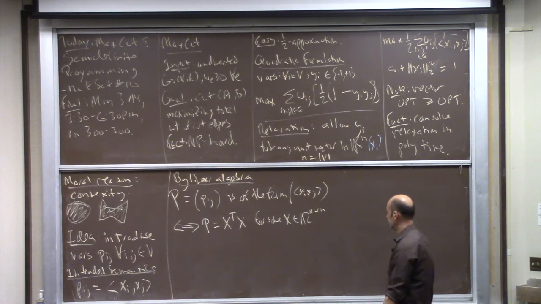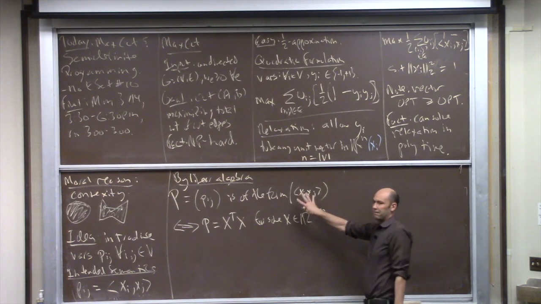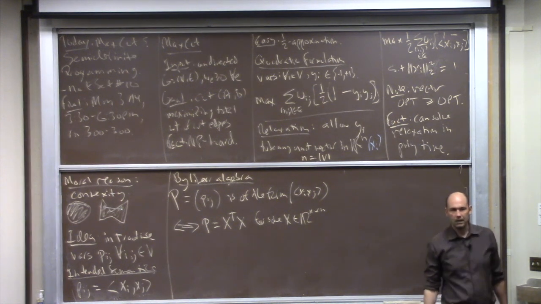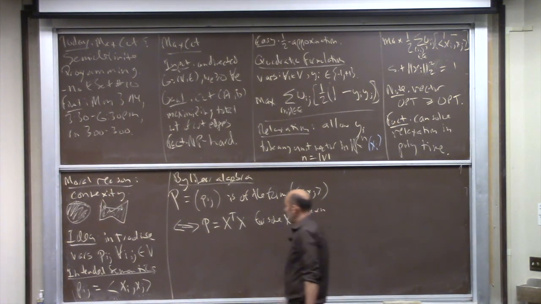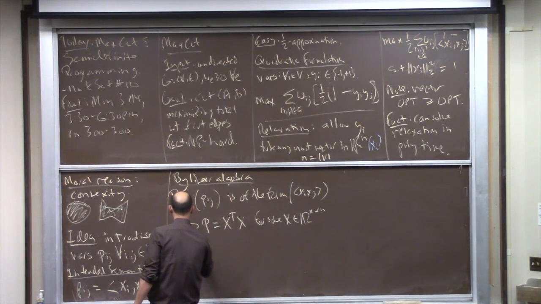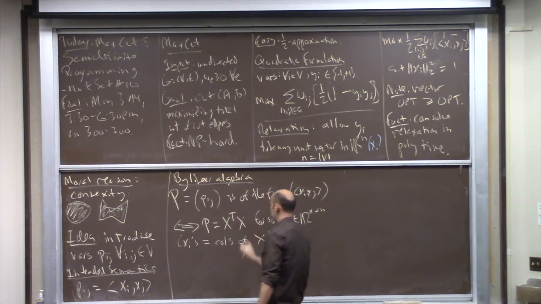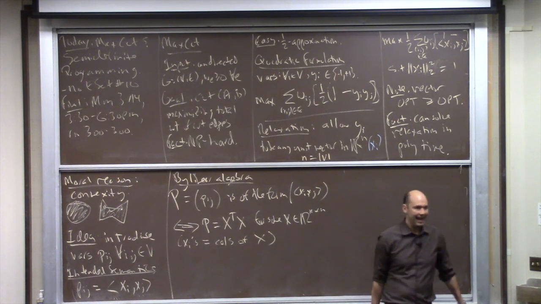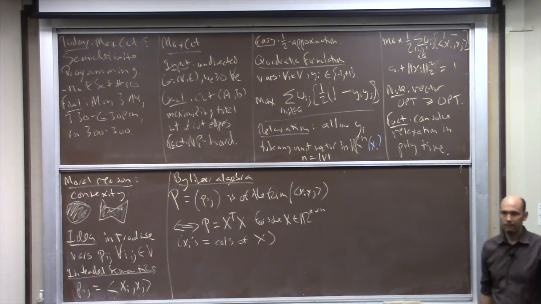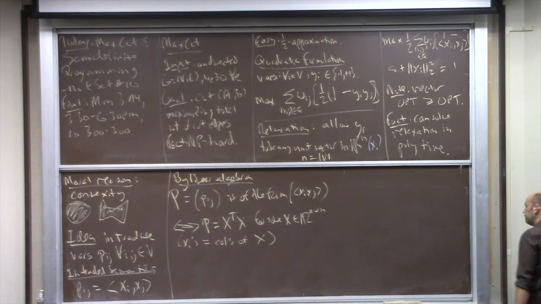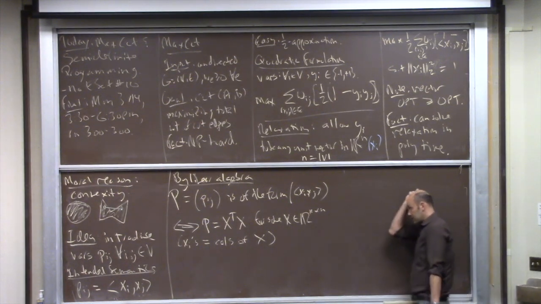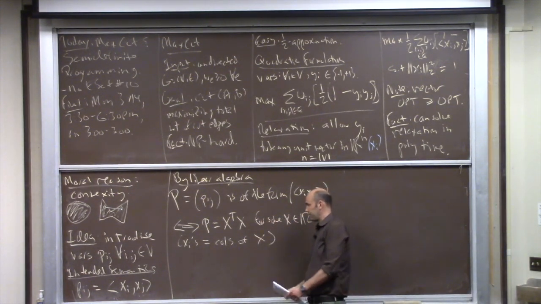This is really just by the definition of matrix multiplication. And the xi's, as we discussed, are just the columns of your n by n matrix x.